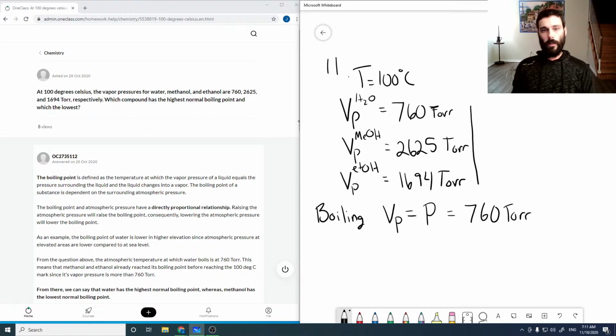So if we want the highest boiling point, the assumption here, and I think it's valid, is that your vapor pressure should just increase at a fairly quick rate, but increase constantly over the temperature range.